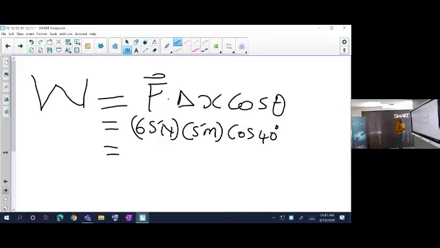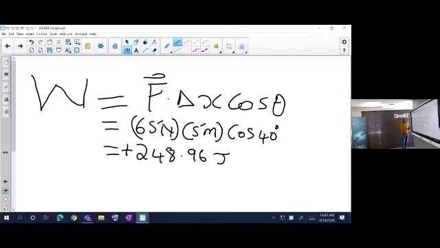If you can look at that, we are going to have 248.96 joules. Now you have to ask yourself, is it positive or negative? Because of that angle, we know that it is positive.